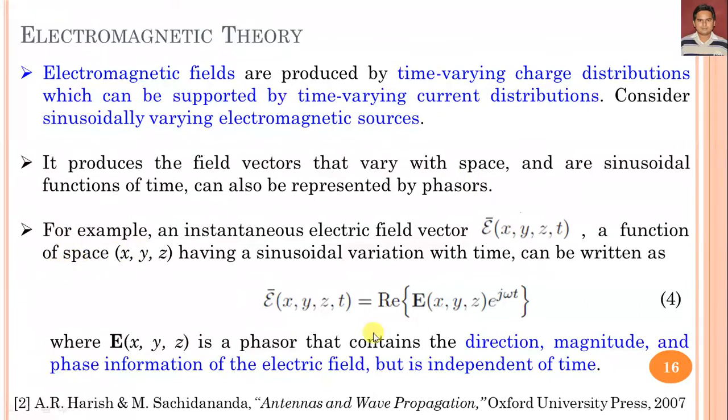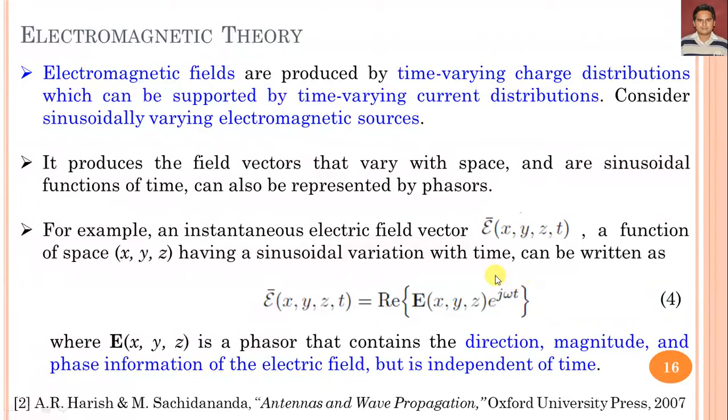For example, an instantaneous electric field vector, which we have represented as E bar, is a function of x, y, z and t, having a sinusoidal variation with time, and this can be represented by E of x, y, z, t equal to the real part of E of x, y, z times e to the power j omega t.